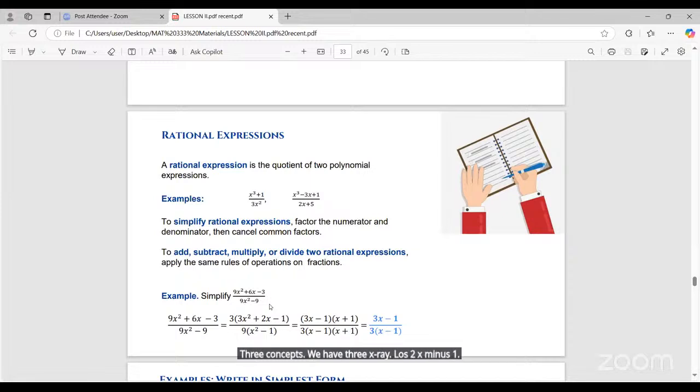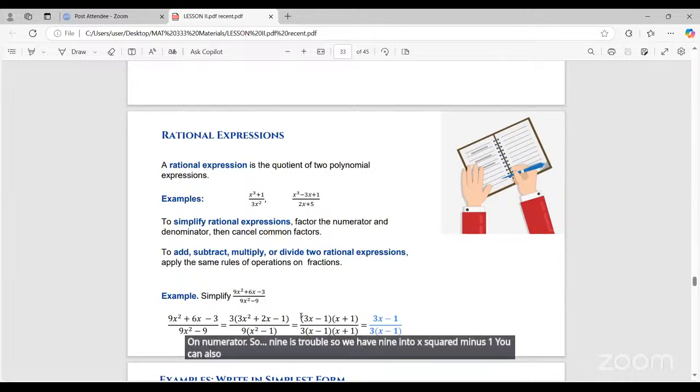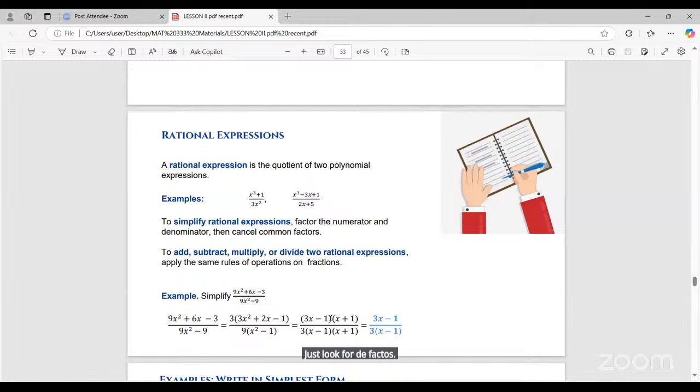On the denominator, 9 is common, so we have 9 into x squared minus 1. You can also factor the quadratic on the numerator, 3x squared plus 2x minus 1. Just look for the factors, then factorize it out.